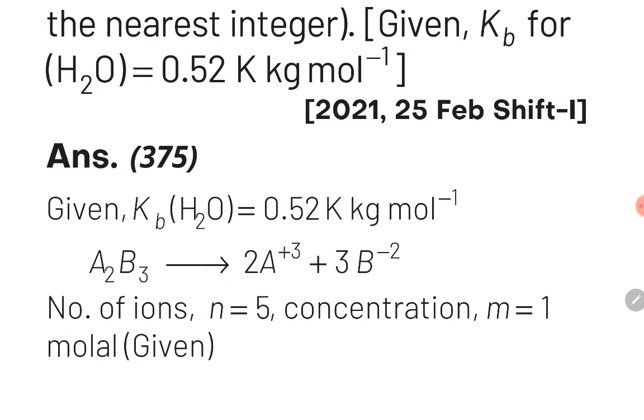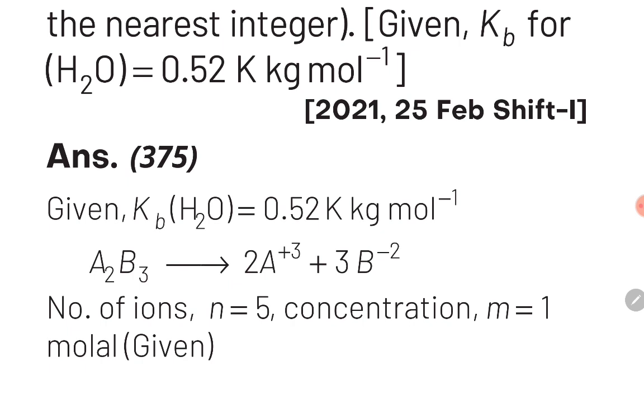Therefore guys, number of moles of A2B3 will become 1 minus X, which is equal to 1 minus 0.6, and this comes out as 0.4. Also guys, on the right hand side, number of moles of A3 plus will become 2X, which is equal to 2 into 0.6, which comes out as 1.2.